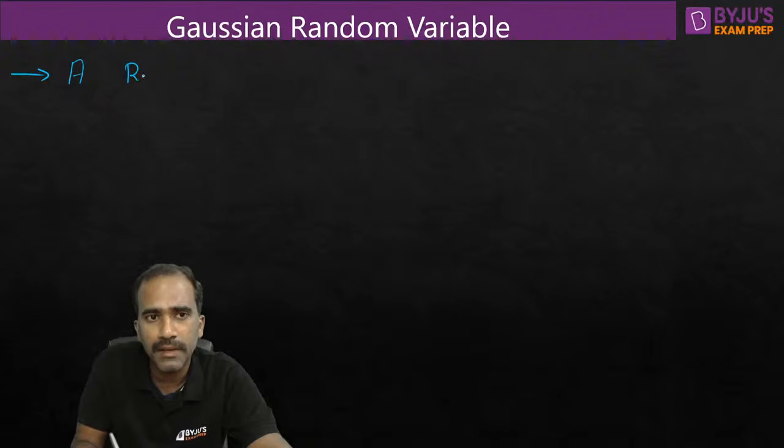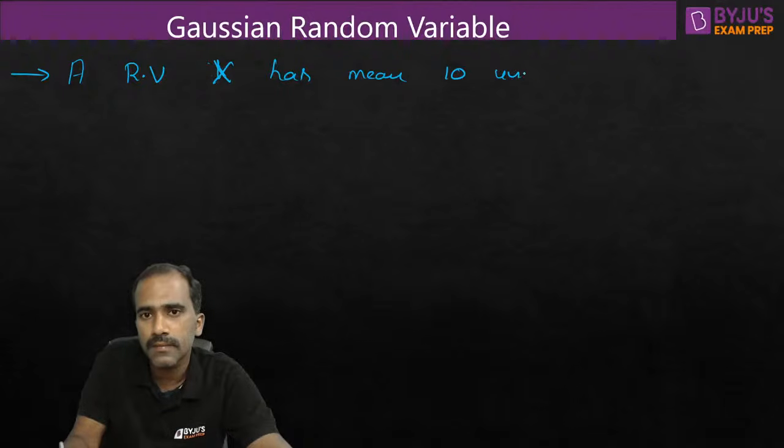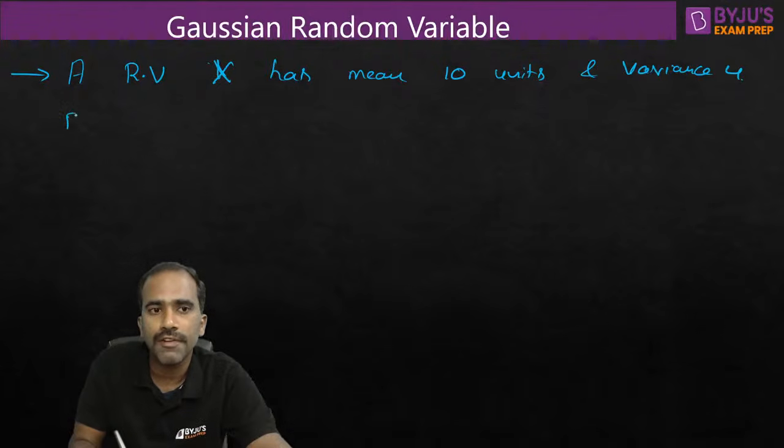A random variable x has mean 10 units and variance 4 units. Okay, now the questions will be something like this.